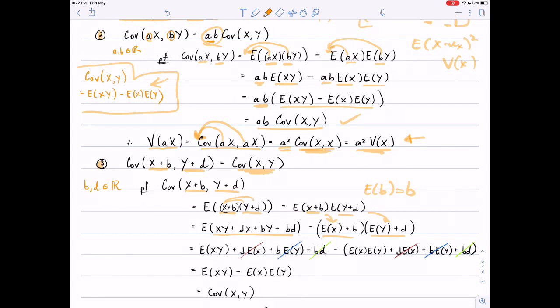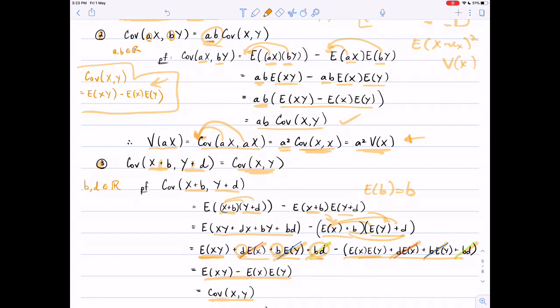Again, with linearity, the expected value distributes over each of those terms. Constants come out, and the expected value of a constant is a constant. We're using just those same properties of linearity. Here we are foiling, expanding that through to get this lovely result, because these terms cancel out. Everything cancels except E of xy and E of x times E of y, which just so happens to be the covariance computational formula.